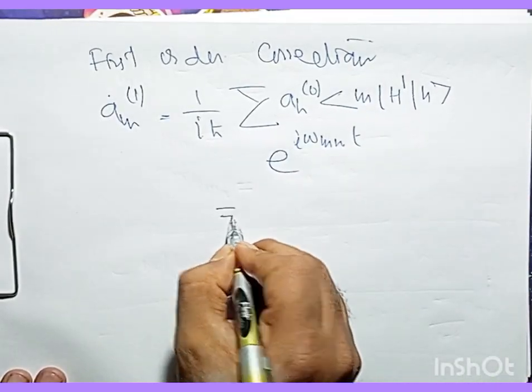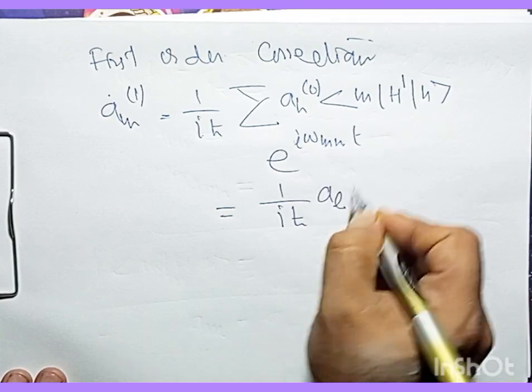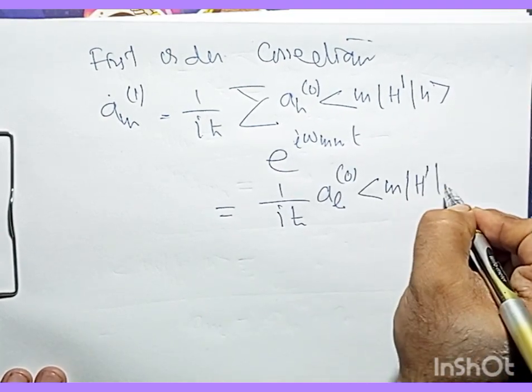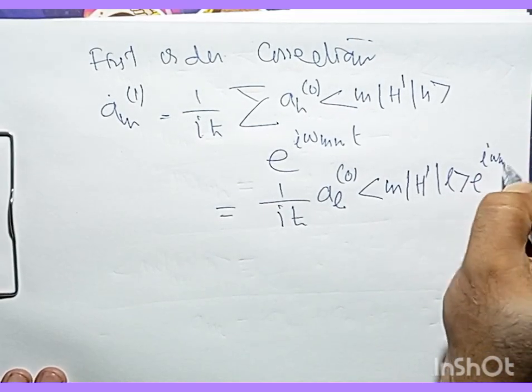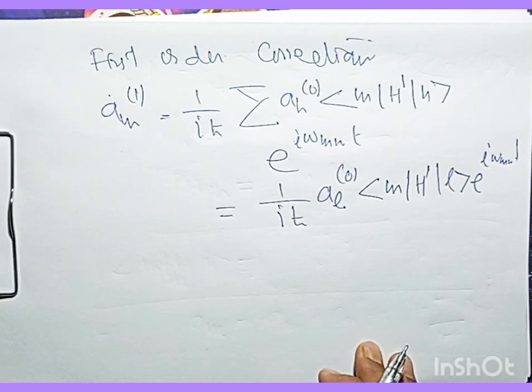And this will be equal to 1 by i h cross a l 0 m h dash l e to the power of i omega mn t. So this is our first order correction that we can think about here.